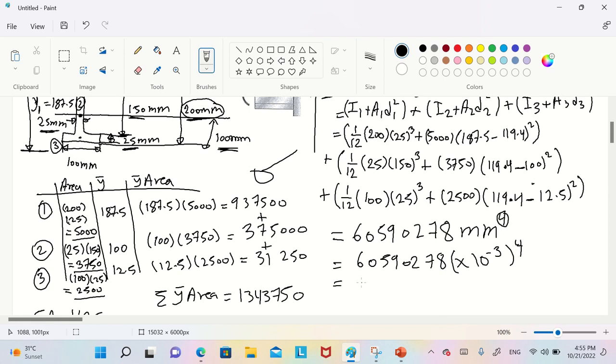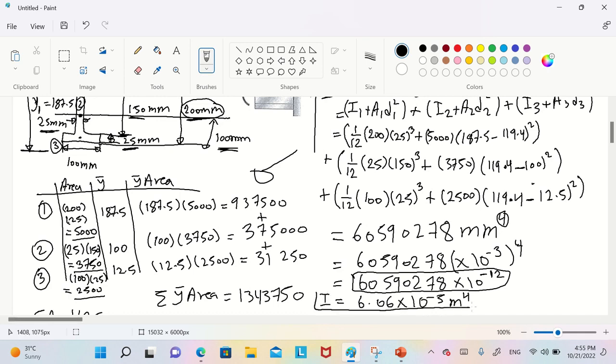So you need to change it: 6059097.8 times 10 power minus 12. When you put this in the calculator, then you say equal, you will get 6.06 times 10 power minus 5 meter power 4. This is the moment of inertia.